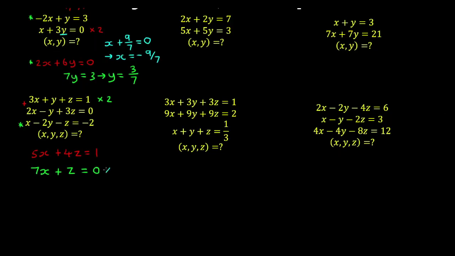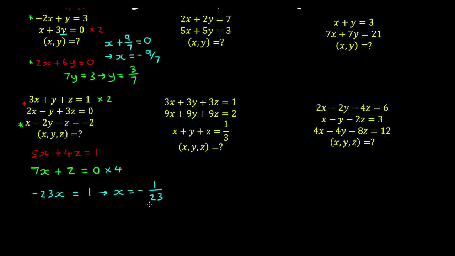And now we can multiply this second equation by 4 to eliminate z. So we subtract these two equations, so we have 5x minus 28x is minus 23x. And then 4z minus 4z is 0, and 1 minus 0 is 1. So therefore, x is equal to minus 1 on 23.